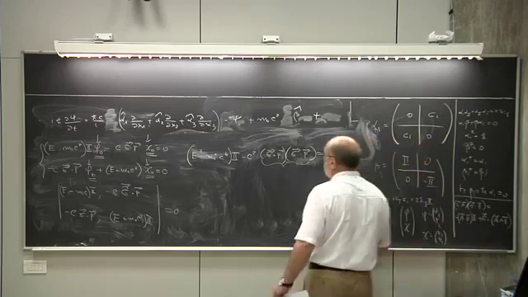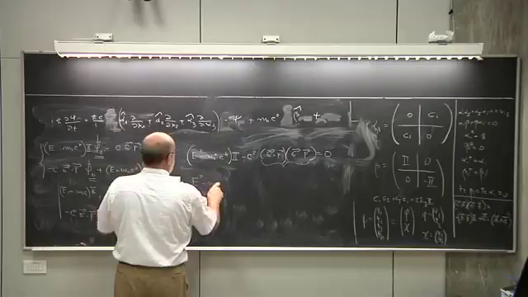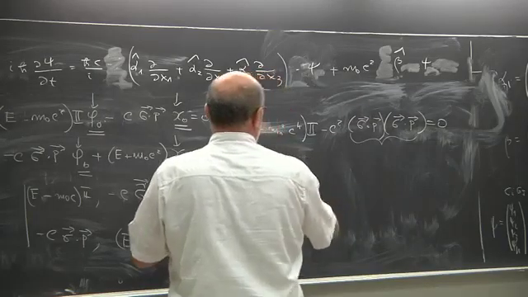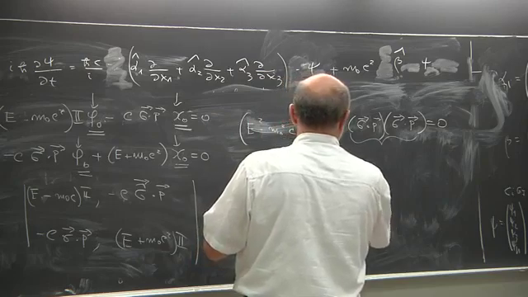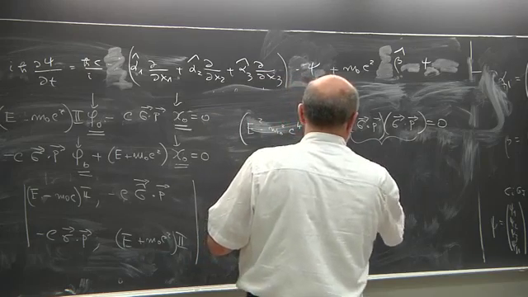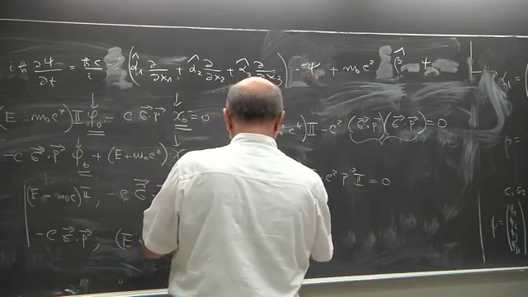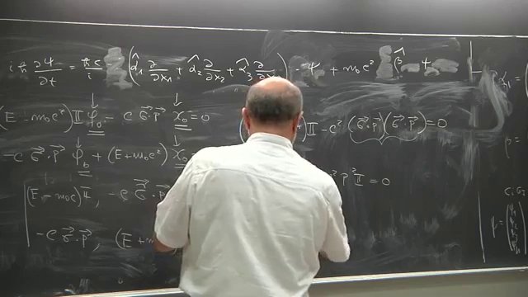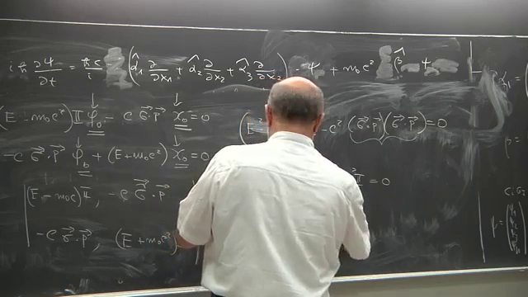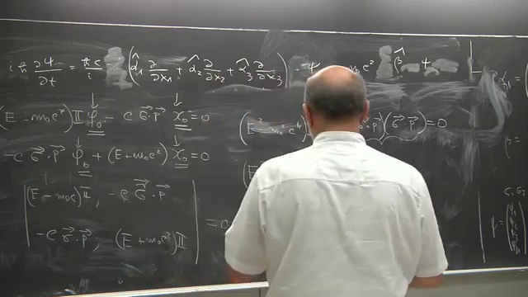So you are left with this, and what you get is E squared minus m0 squared c to the fourth, multiplied by the identity, minus c squared p squared times the identity, equals 0. But this is the well-known mass-energy relation. Am I right? There is something.